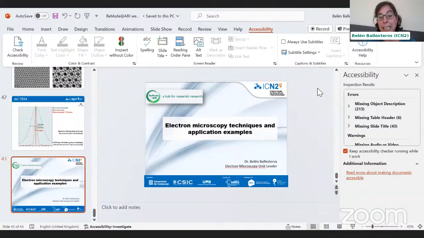The thing is that in the TEM, because the sample is so thin, you will have information of all the thickness of the sample, but the sample is very thin, so it will not change so much. You have to have in mind that it's not just the first nanometers, but the whole 100 nanometers thickness.